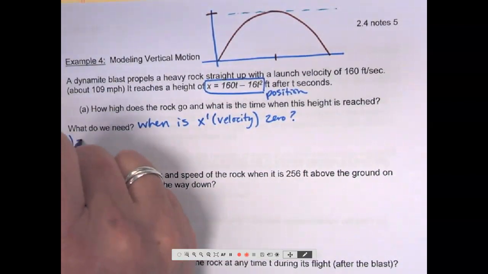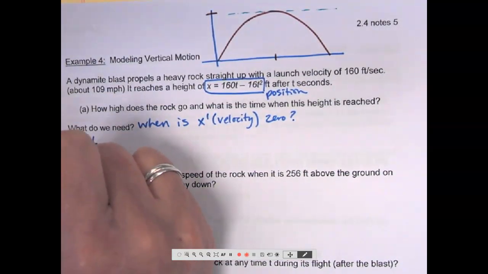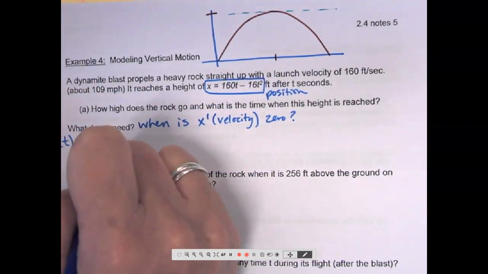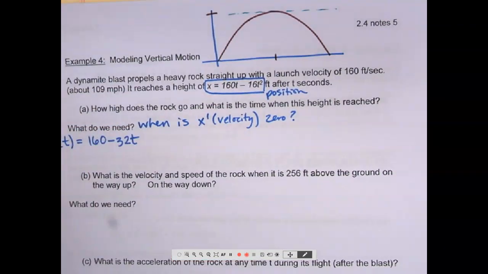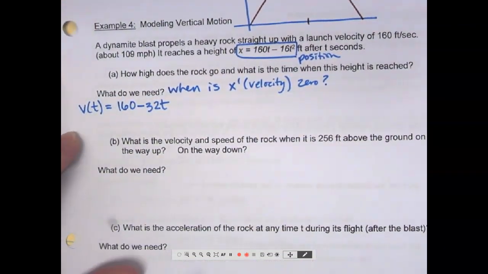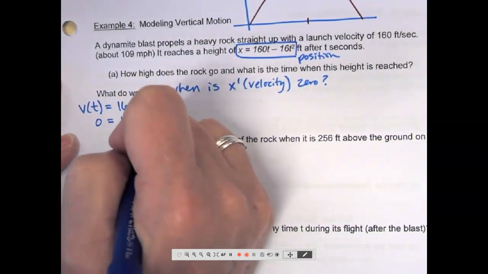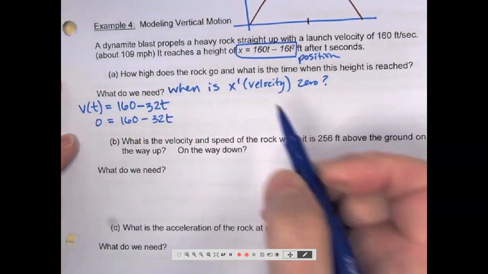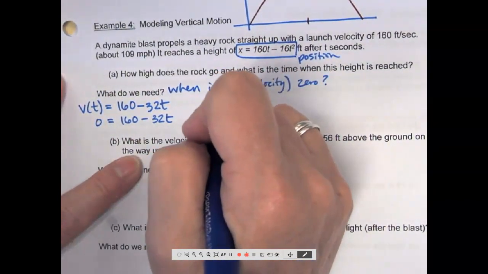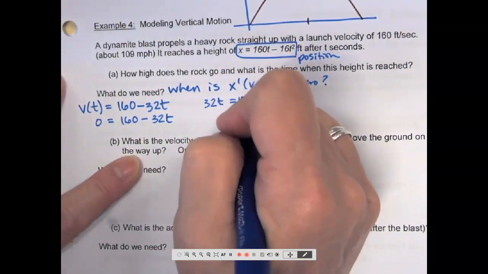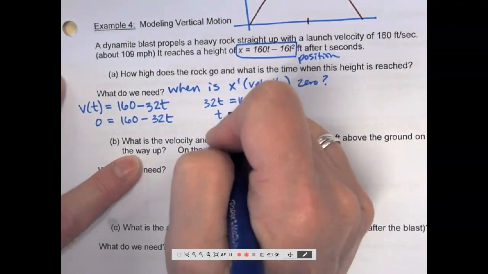Velocity with respect to time is 160 - 32t. And if I set that equal to 0, that's a little baby equation. And what is t?